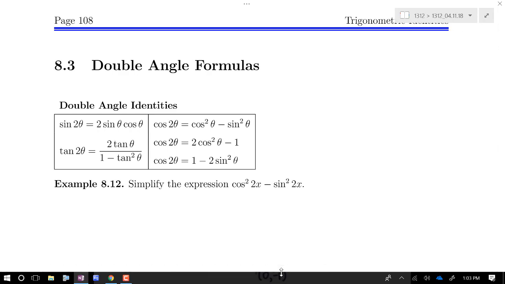The double angle formulas are ones that will be provided. In fact, let me do this now so I don't forget at the end. This is the sheet of formulas that you will be given when we take our test.